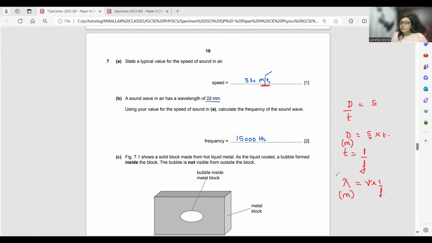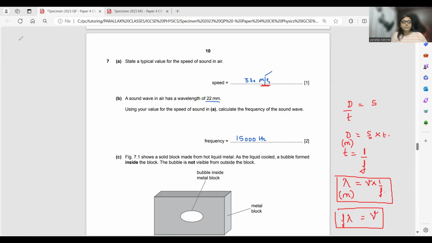That's the formula to be used. This can also be written like this: v is equal to f lambda. So personally, I never remember formulae. This is how I always derive in case I need to calculate any of these.